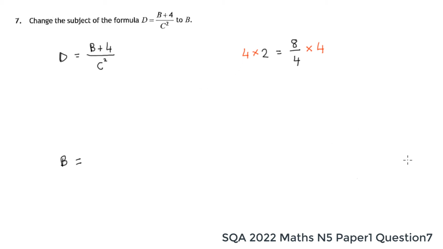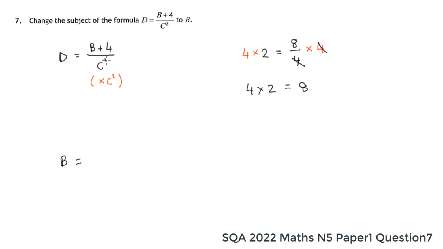We'd also have to multiply the left-hand side by 4. So that therefore would produce 4 times 2 being, and this cancels with this, would get 8, which you can't really argue with, 4 times 2 being equal to 8. So we had to do the same to both sides. In this case, the divide by c squared, to undo that, would be multiplying the right-hand side by c squared.